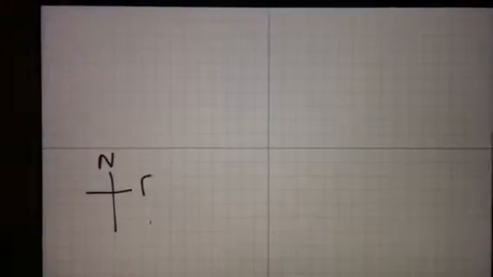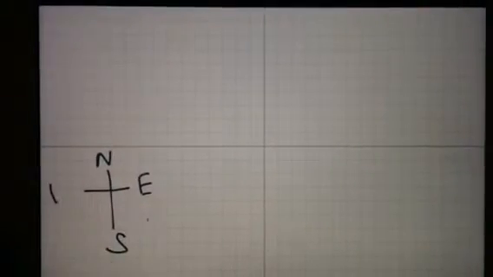Hi class, this is Miss Sullivan. As you guys all know, we've been working on graphing using a coordinate plane. I want to give you guys a couple of examples on how to graph and explain how you plotted your graph using the directions north, east, south, and west, which I'm going to draw my compass right here to help me.